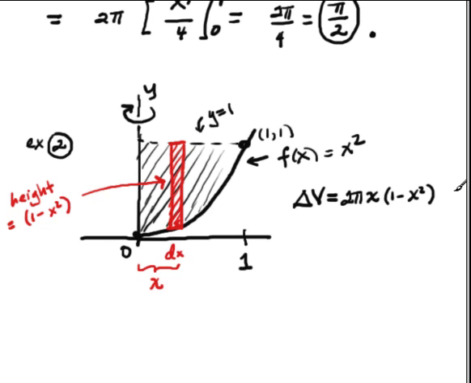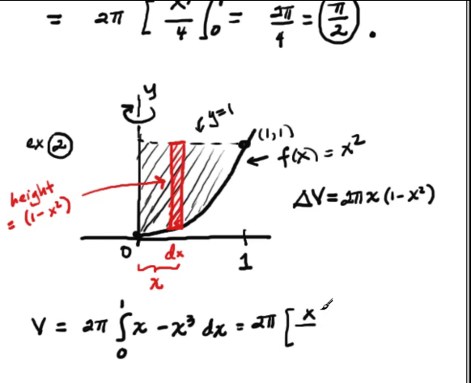That's the volume of one shell, and we sum these up to get the total volume. So the total volume, we're integrating from 0 to 1, of 2 pi x times 1 minus x squared. Let me multiply this out: x times 1 is x, and x times x squared is x cubed.